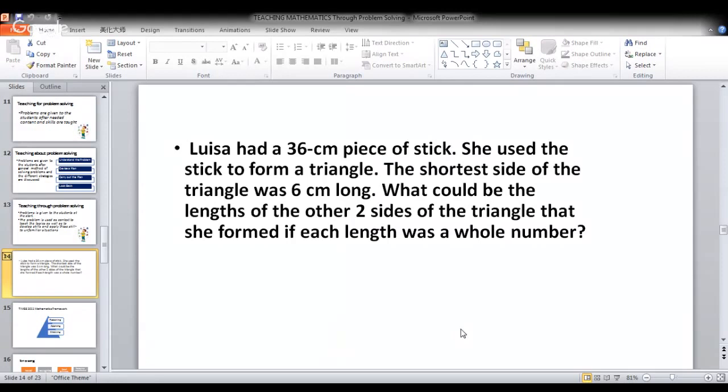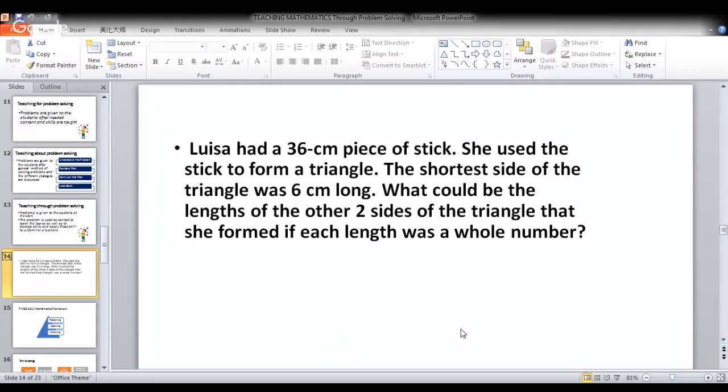Okay? If you try to look at it, we will just use the measurement on that problem. And by the way, if you use this problem for teaching geometry, as you could see, it will address two strands, geometry, measurement, and maybe algebra. That's the purpose actually of choosing the right problem. If you choose the right problem and it addresses at least two strands, that's a very good problem.